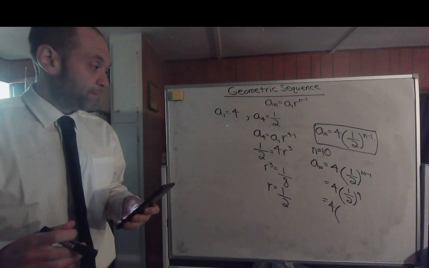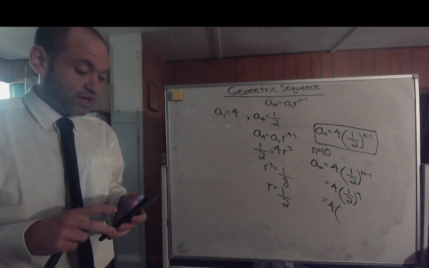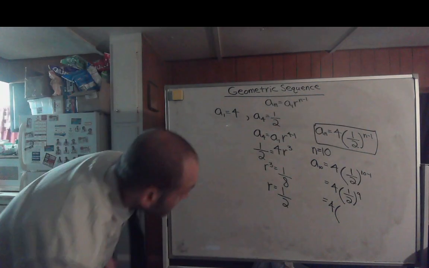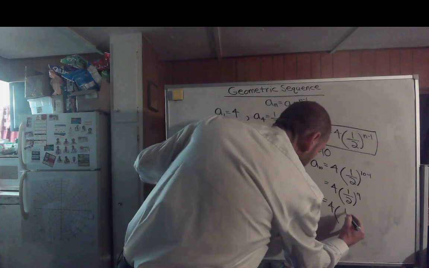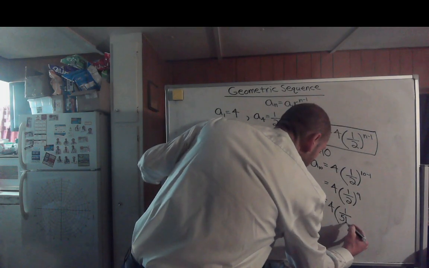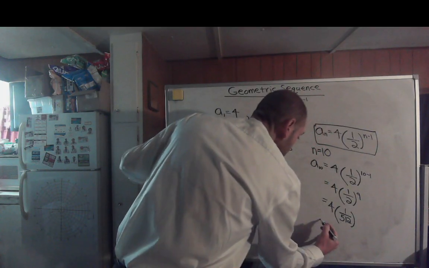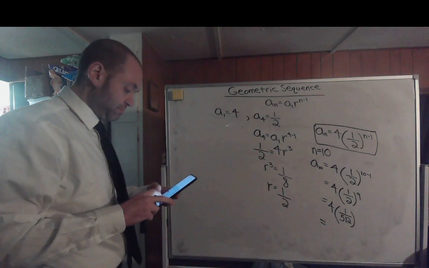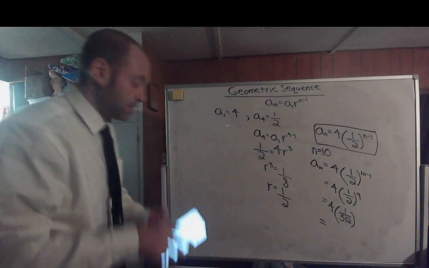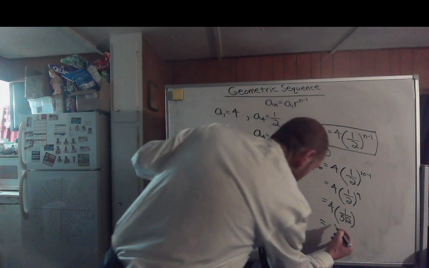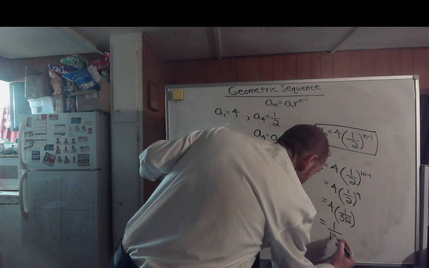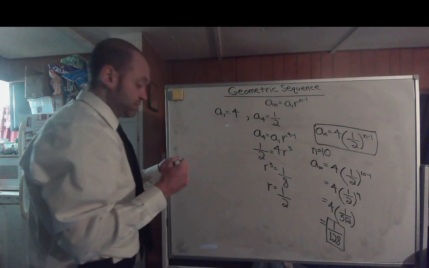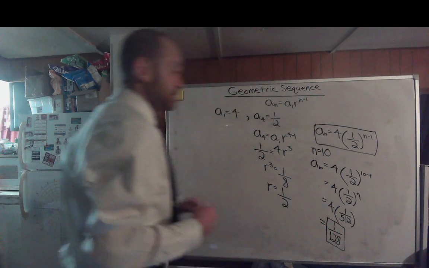Let's figure out what 2 to the 9th is. That's going to be 4 times 1 over 512, which we should be able to simplify, 512 divided by 4. This would simplify into 1 over 128. So the 10th term of this sequence is going to be 1 over 128.